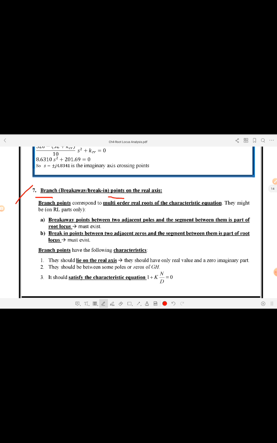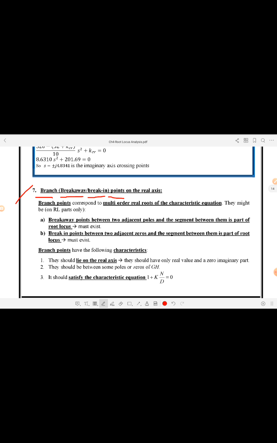And branch points, there are two categories of branch points. The first category is called breakaway and the second category is called break-in. Breakaway points, generally they are between poles, and break-in points, they are between zeros.